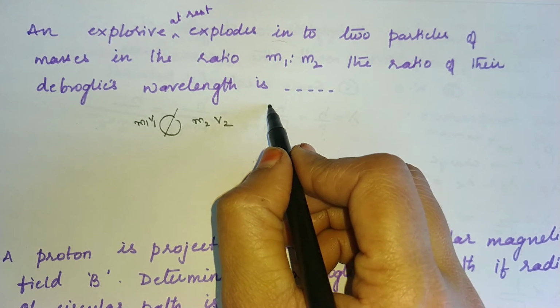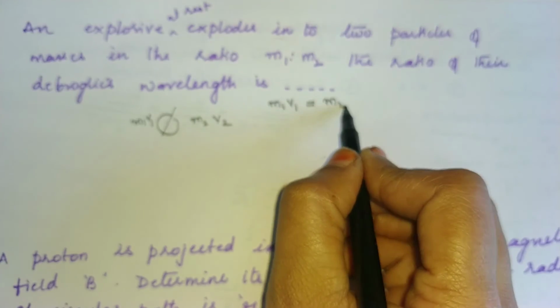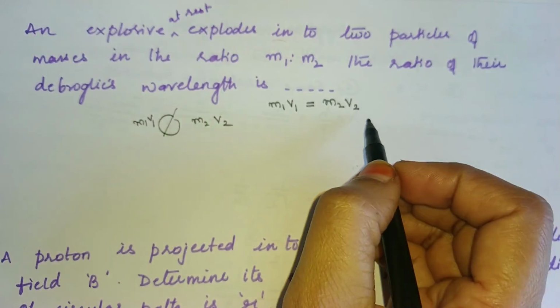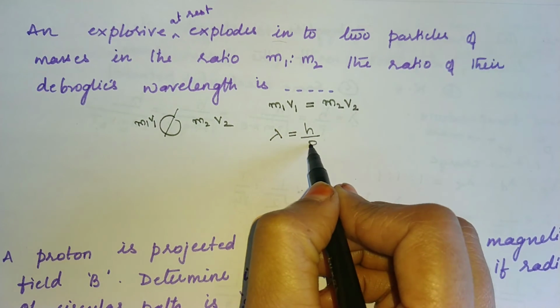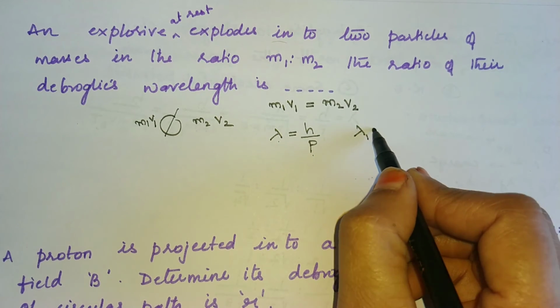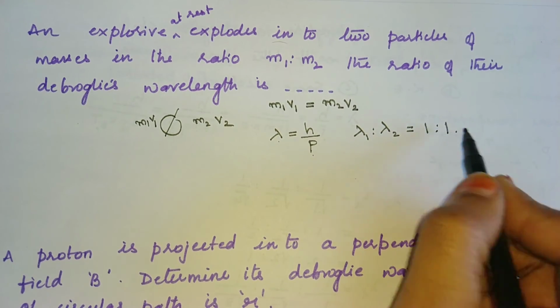Since initial momentum is 0, final momentum also should be 0. We will get m1 v1 is equal to m2 v2. Since the two particles have the same momentum, and de Broglie wavelength is h by p, the de Broglie wavelength of the two particles will be in the ratio 1 is to 1.